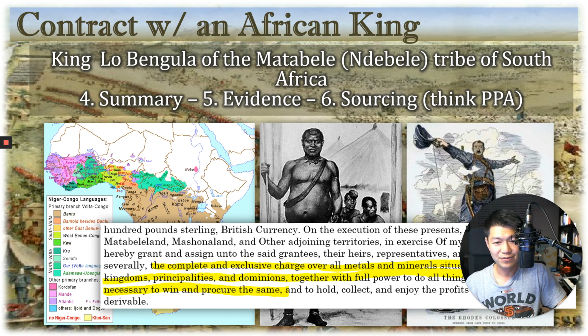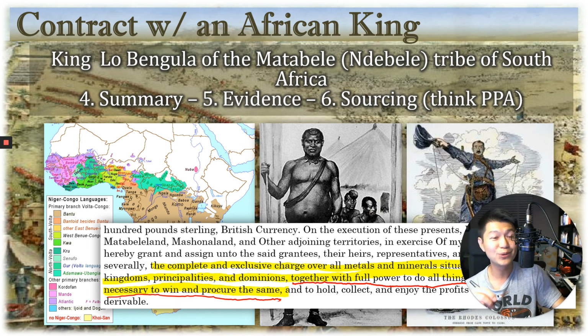They give, again, full power to do all things that they deem necessary to win and procure the same. The African king has given this up. So if you struggled with examining this document, look at this clue right now, and hopefully you're able to answer this particular part. But again, another means by which Africans had their land taken away from them.